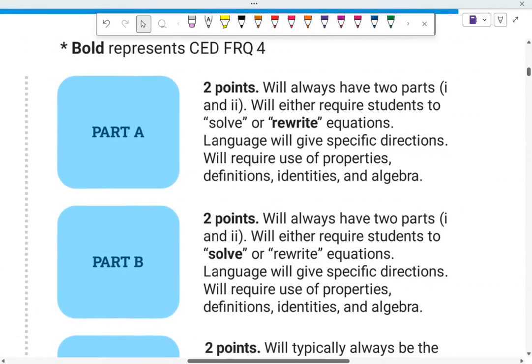So let's go ahead and look at the parts. Both part A and part B are the same way. They'll be 2 points. We'll always have 2 parts, I and II, and they will require you to either solve or rewrite equations. The language will give specific directions and will require uses of properties, definitions, identities, and algebra.